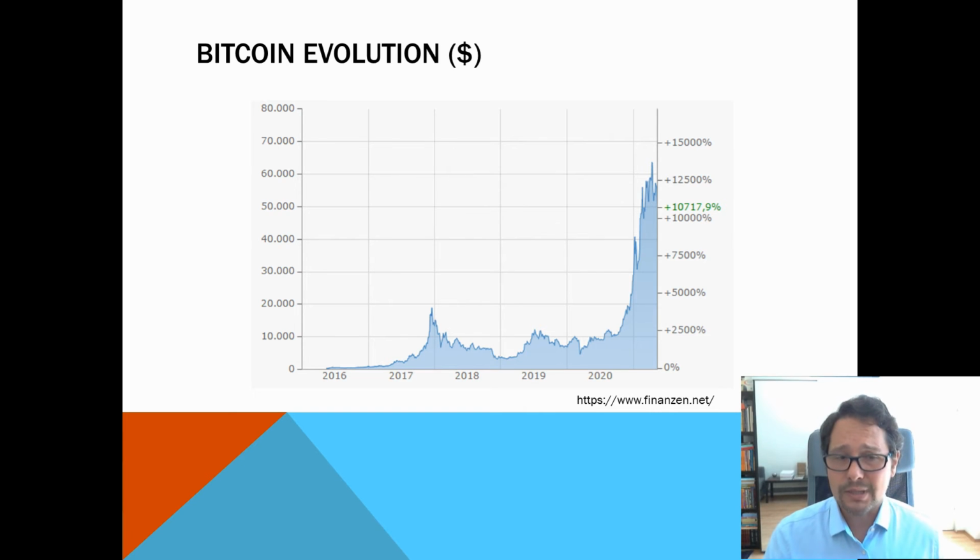The truth be told is that it reached peaks like at the end of 2017 of $20,000. Now in 2021, it went above $60,000. Somebody is also buying during these peak periods, otherwise the currency wouldn't reach these values.